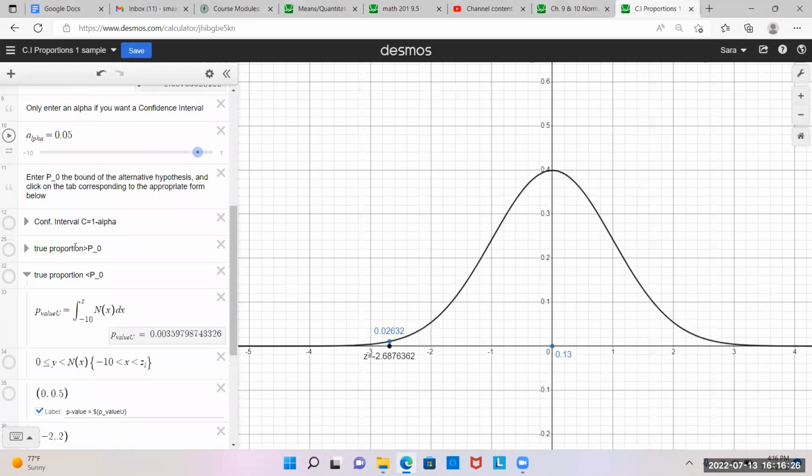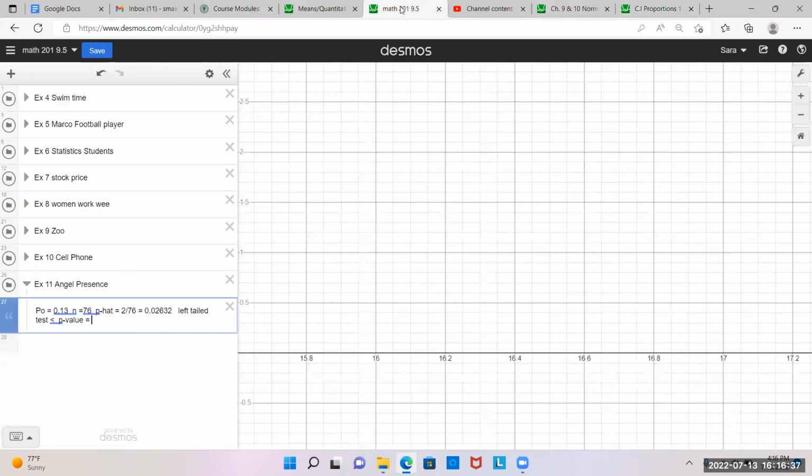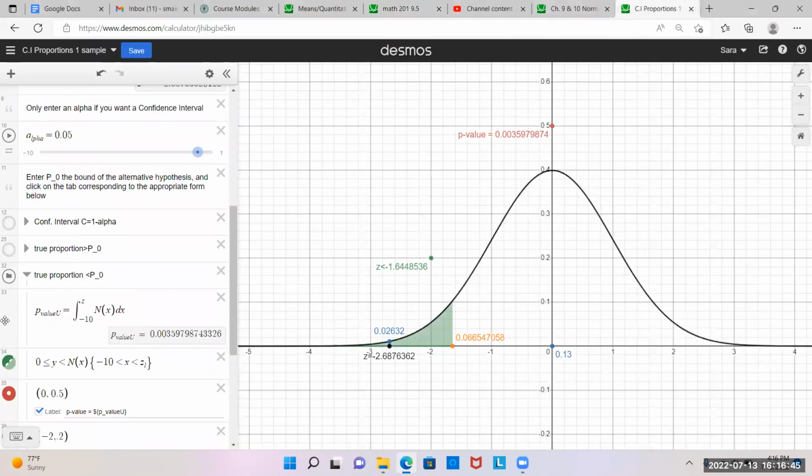And so we think it's less than. So I'm going to draw the graph for this. So our p-value is pretty small. It's 0.00359 or 0.0036. Definitely less than alpha. So we definitely do reject H0.